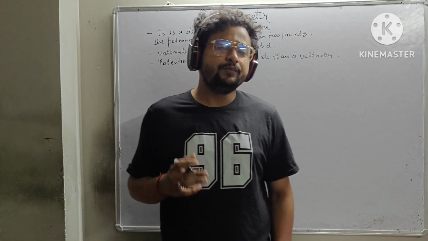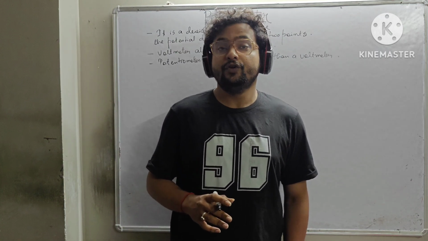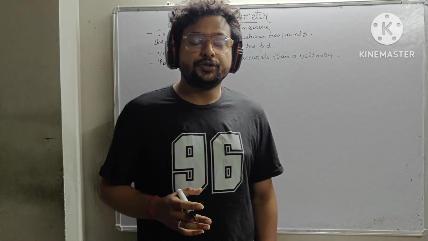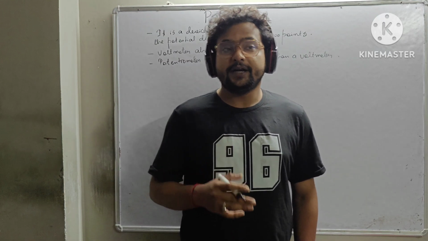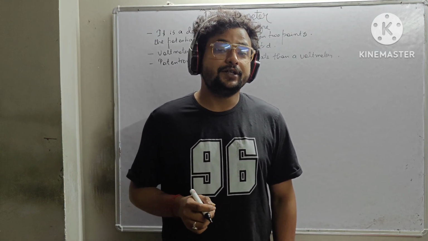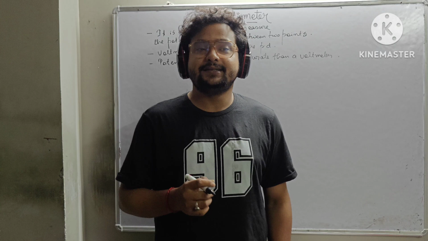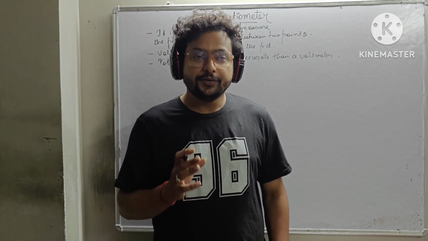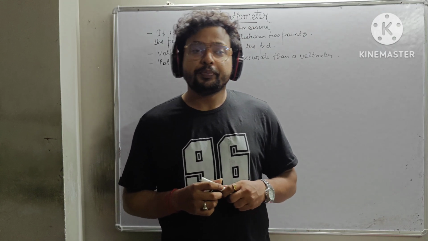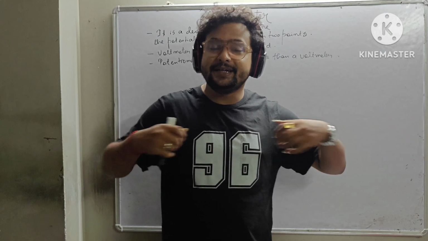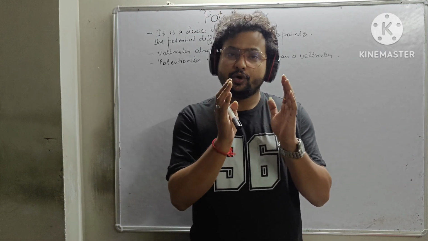Now the question is, if a potentiometer is much more accurate than a voltmeter, then why do all the students doing practicals in physics always use a voltmeter to measure the potential difference? You see students, a potentiometer is a very big device and a voltmeter is a very small device.